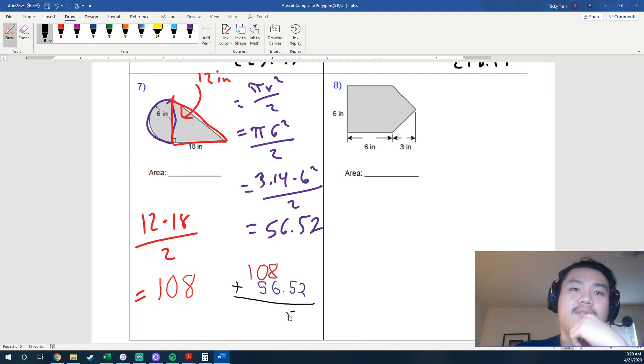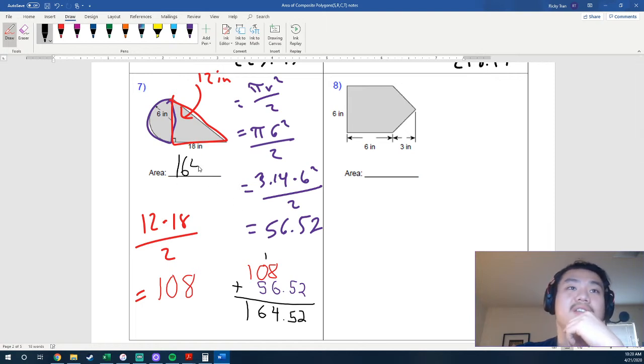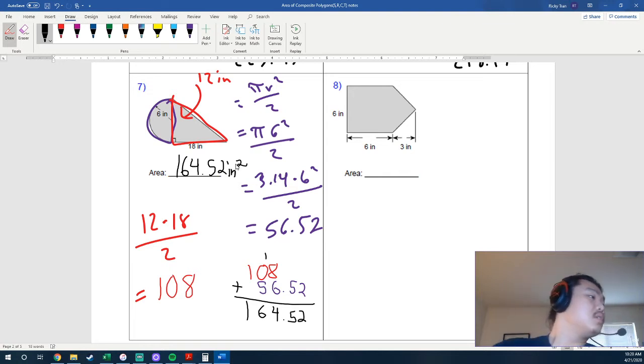You get 52 here. Okay, and then we have 4, carry the 1, 6, 1. So it's 164.52 inches squared. Oh gosh, this is so annoying. All right, anyways, we'll just keep going.